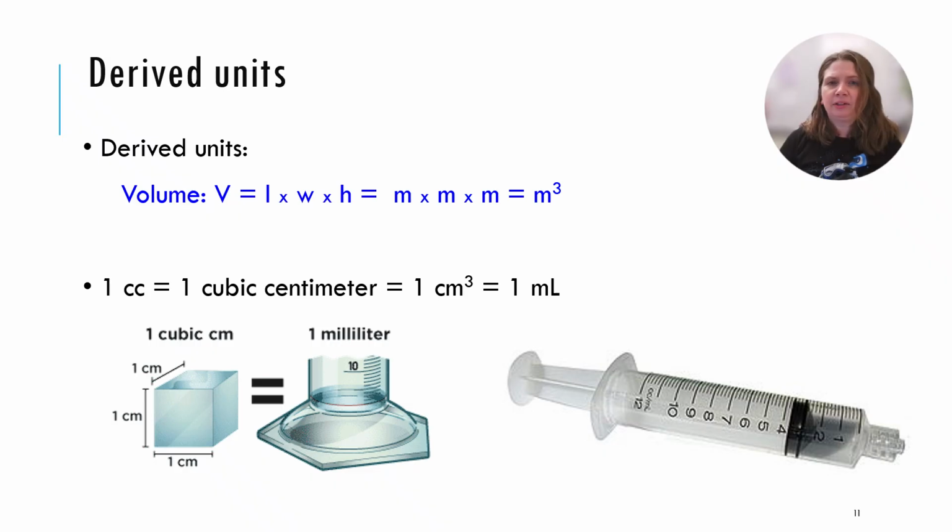If we have a cube that is 1 centimeter by 1 centimeter by 1 centimeter, the volume is 1 cubic centimeter, written as 1 cm^3. 1 cubic centimeter is equivalent to 1 milliliter. On the right side, you can see a syringe commonly used in healthcare. The units on the syringe may be labeled as cc, which stands for cubic centimeters, or as milliliters, because these units are equivalent.